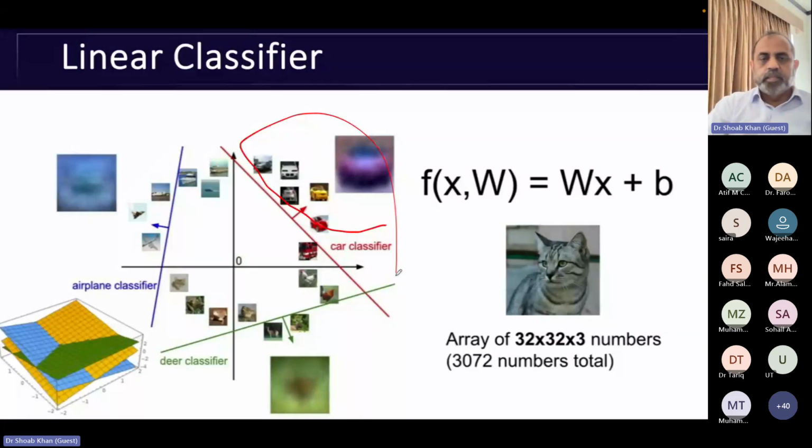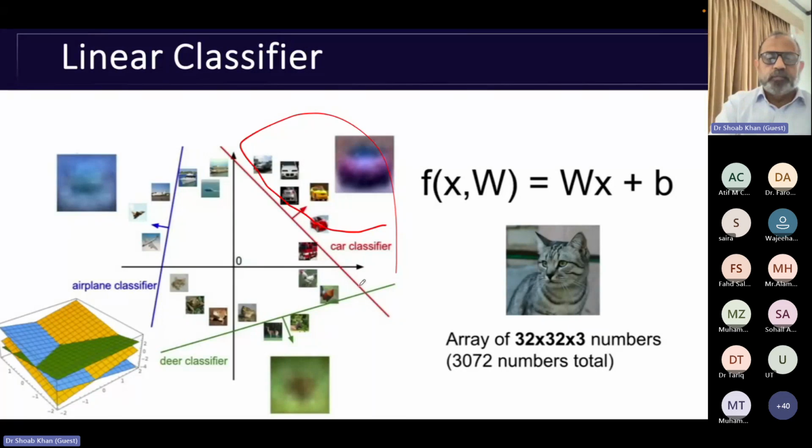But it usually is not going to be separable if you are not working on the features, but working on just a raw image. But if you are smart and you could figure out some of the features, you say cat has these two features and aeroplane has the same two features but with different values, then you may be able to design a very simple classifier, maybe a two-dimensional classifier, because there are just 10 classes, and you say now in two-dimensional space I can have linear separability like this.